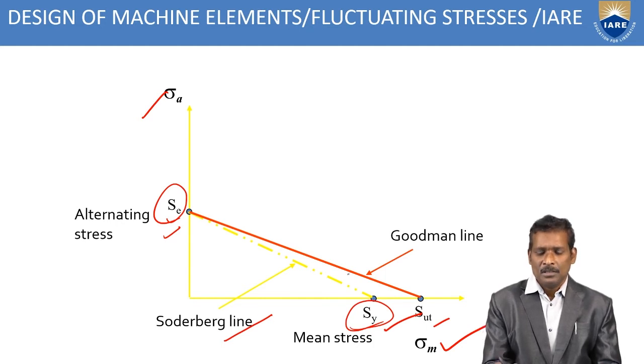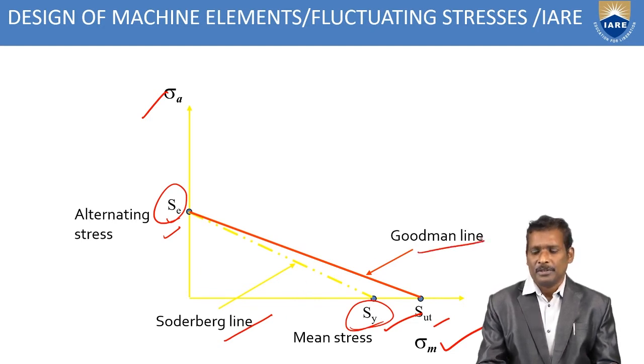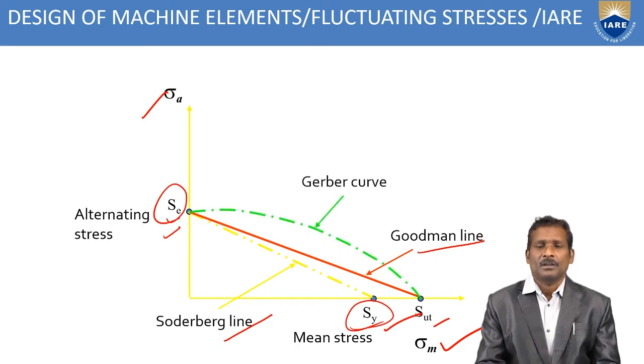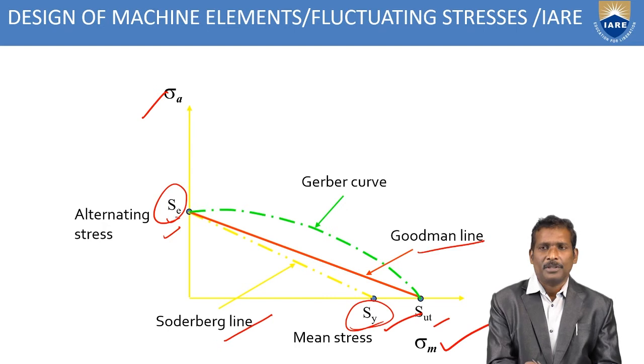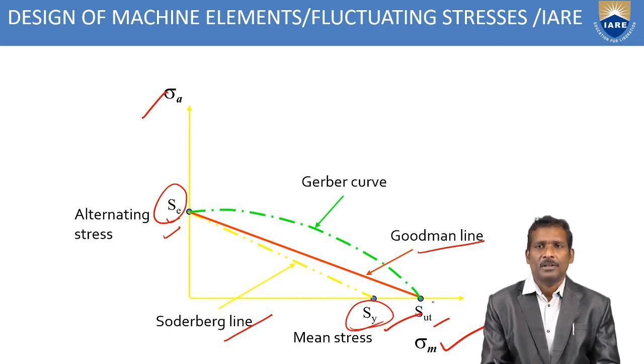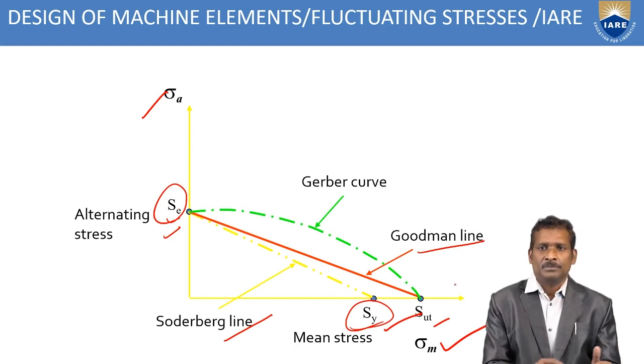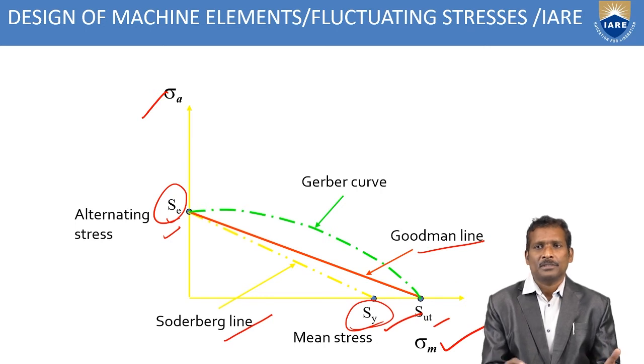So the Soderberg line is always used for ductile materials and the Goodman line is used for brittle materials. The third one is the Gerber curve, drawn between the endurance limit and the ultimate stress value. Whether ductile or brittle materials, it will be useful.